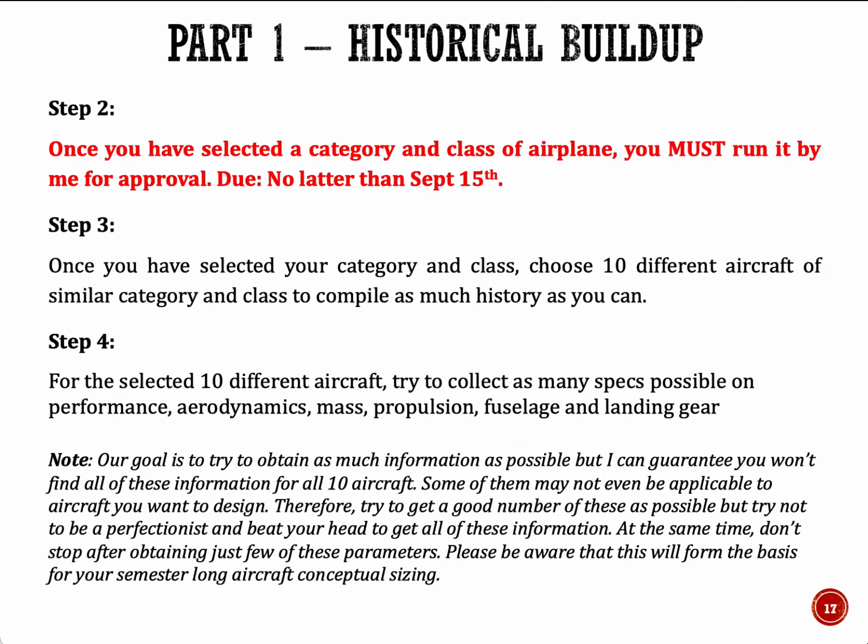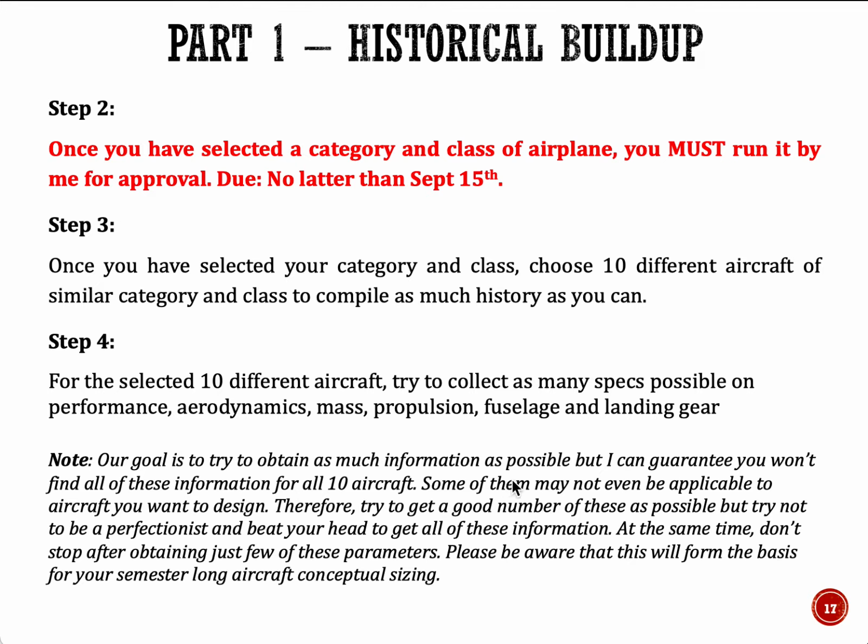All right. Now I'm going to walk through the different parameters that you can collect, but just know the goal is to try to obtain as much information as possible. I can guarantee that you won't find all of this information for all 10 aircraft that we're going to talk about. More often than not, you may have to make some very good educated assumptions.